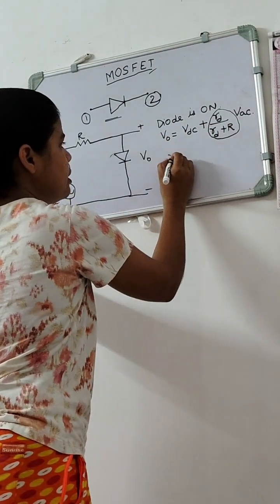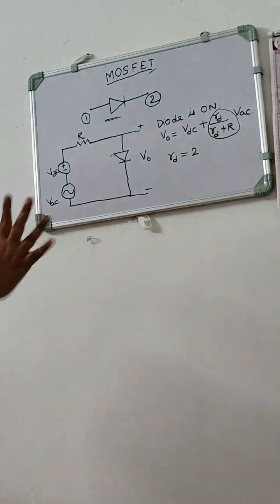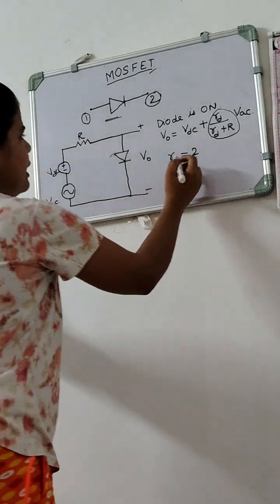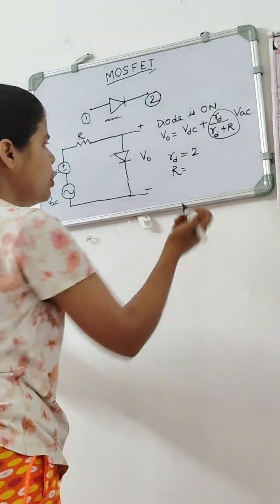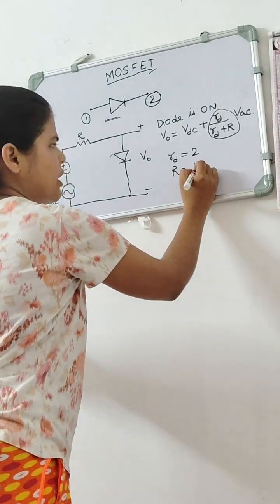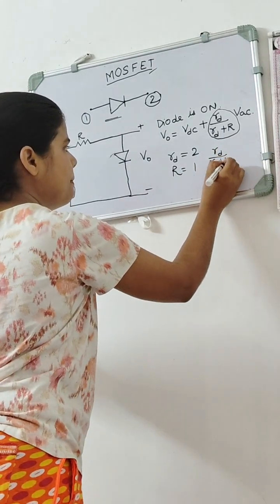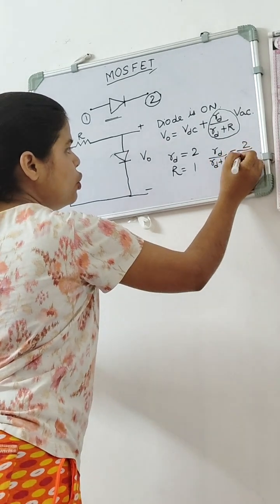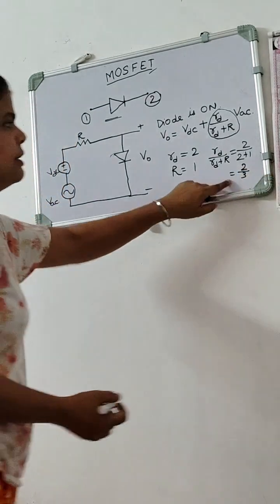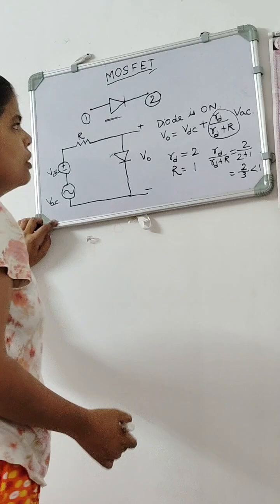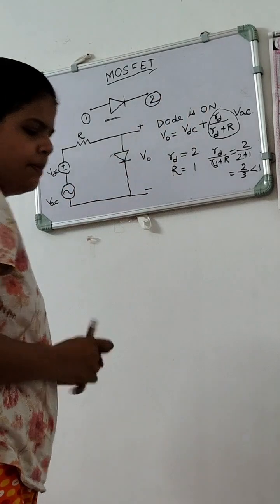Because if we randomly consider RD equals to 2 and R equals to 1, then RD upon RD plus R will be 2 upon 2 plus 1, that equals 2 upon 3, and this is less than 1. Any value you take, it will be less than 1 only.